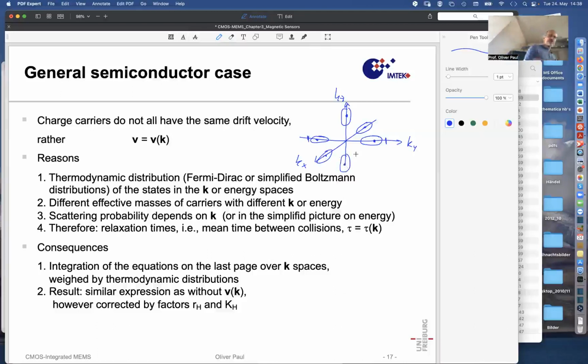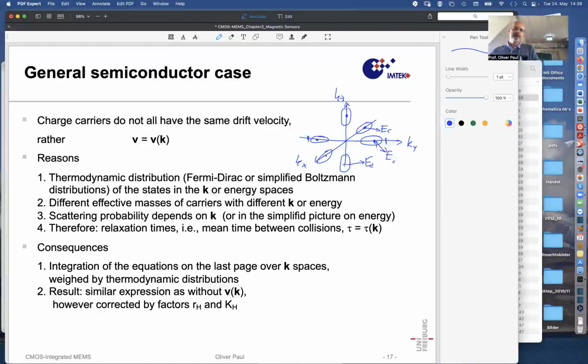and so these states where the electron resides are close to these points, and these points correspond in energy to the conduction band edge. It's not equal to, but they correspond to the conduction band edge, and the farther away you are, the higher the energy parabolically, in this ellipsoidal way.